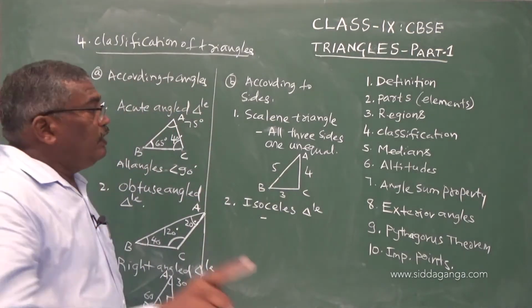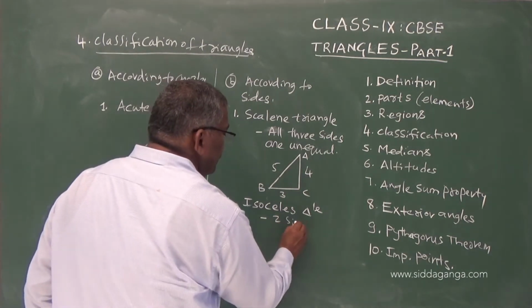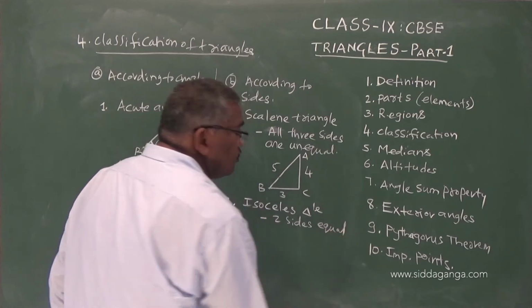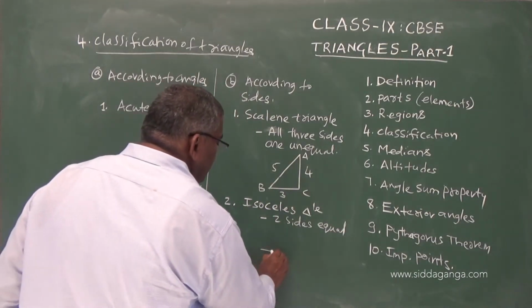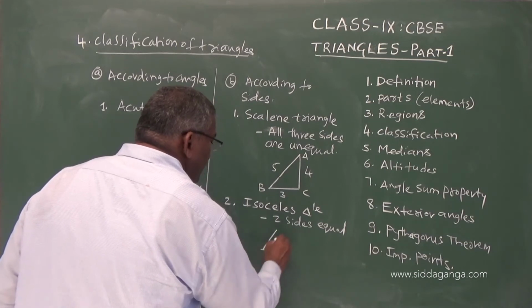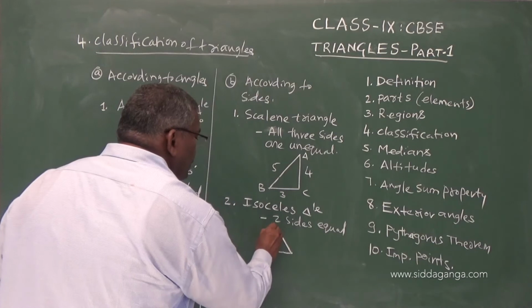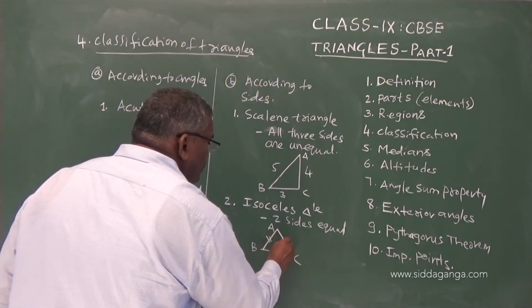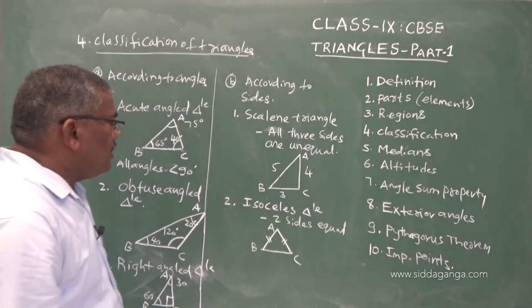If two sides are equal, two sides equal. Suppose if you have a triangle like this, and if I call this as A, B, C, here AB is equal to AC. So it is an isosceles triangle.